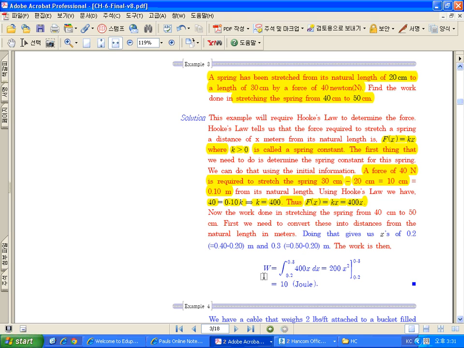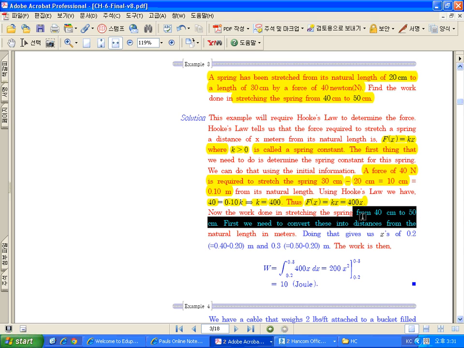Now what we need is the definite integral. The work W can be found by the definite integral of 400x. From where to where? The work done in stretching the spring from 40 centimeters to 50 centimeters.